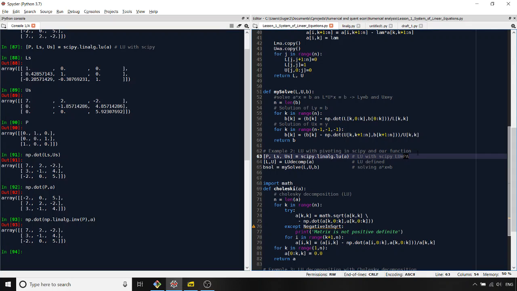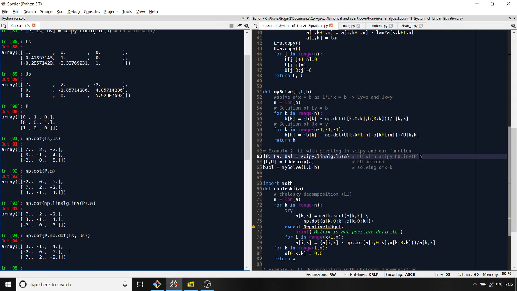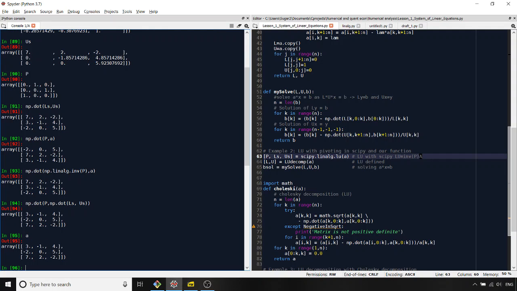So this is the inverse of P times A, or if we from the beginning did the LU, and if we multiply that one by P, then we should come to our original matrix A. Yes, so that's how we get it.